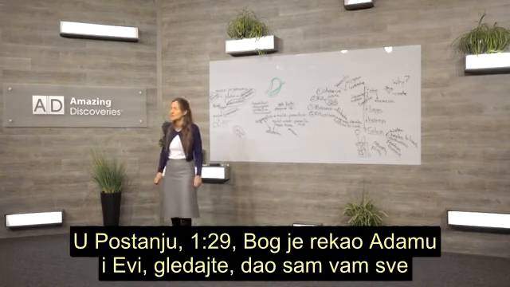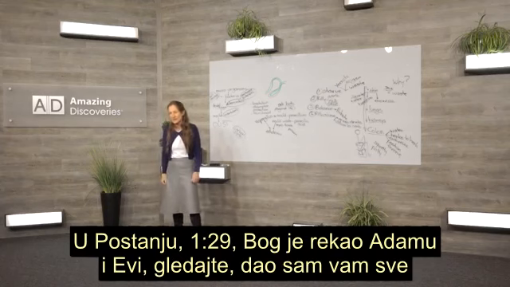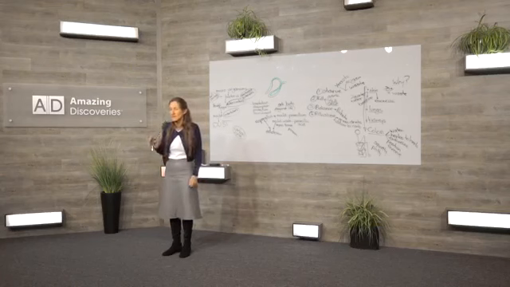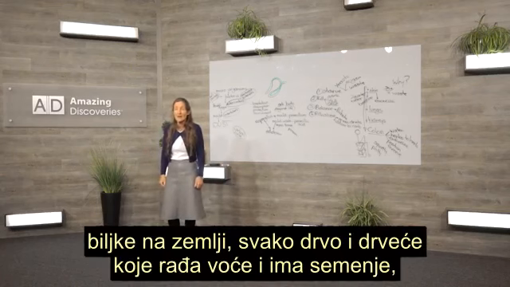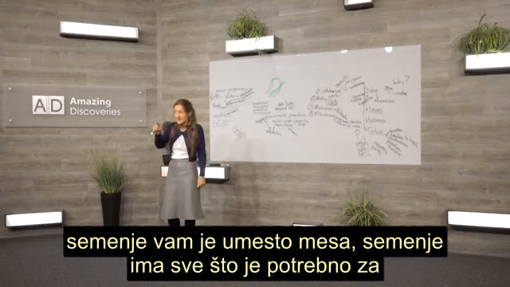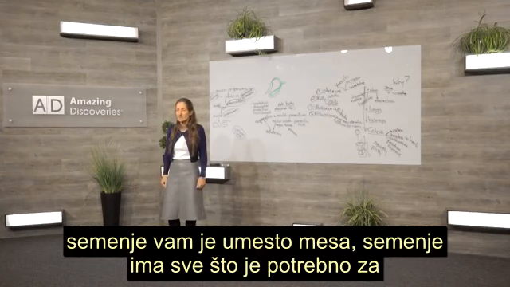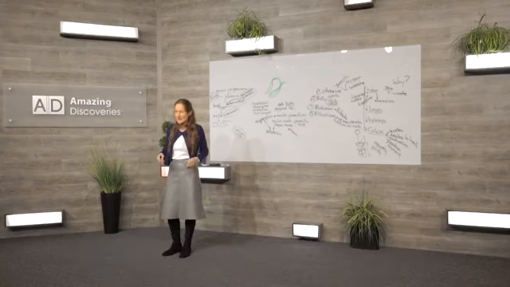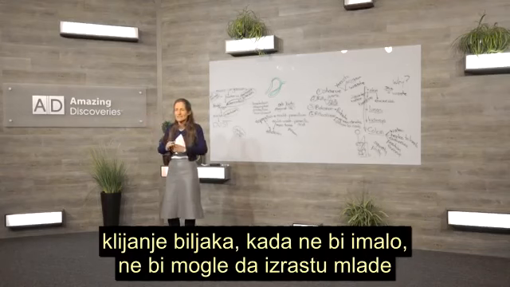So in Genesis 1:29, God said to Adam and Eve, "Behold, I've given you every herb bearing seed which is upon the face of the earth, and every tree in the which is the fruit of a tree yielding seed. To you it shall be for meat." You see, the seed has everything that is needed for the germination of a plant.